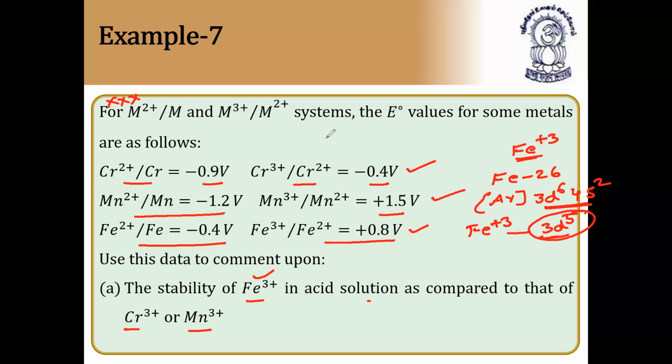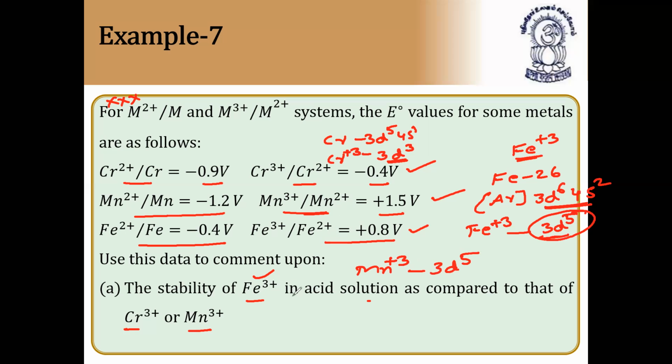Chromium's atomic number is 24, so chromium is 3d5, 4s1. Chromium plus 3 becomes 3d3 actually, so it is less stable. Similarly, manganese plus 3 is 3d4, so that's why it is less stable.